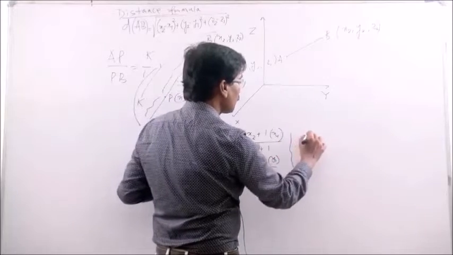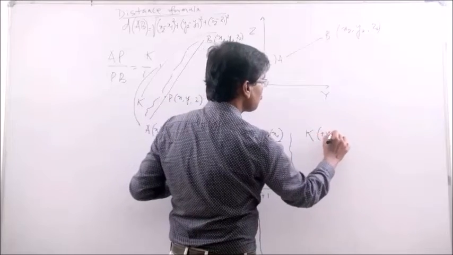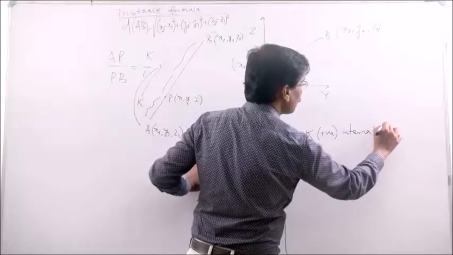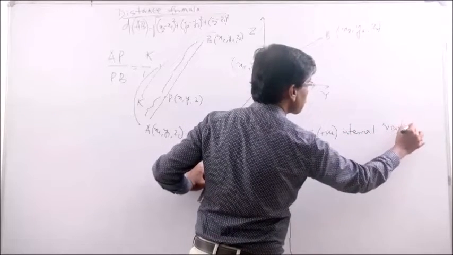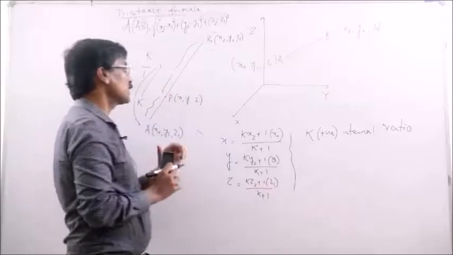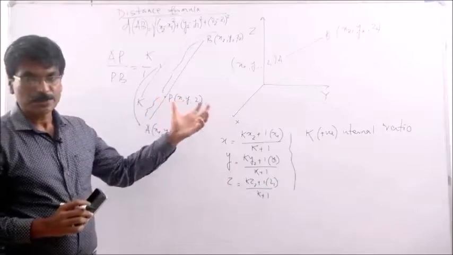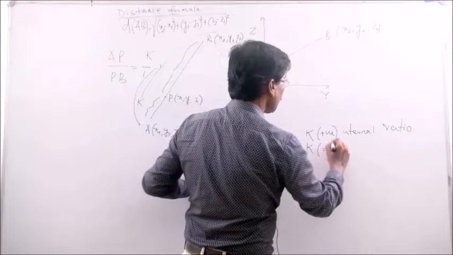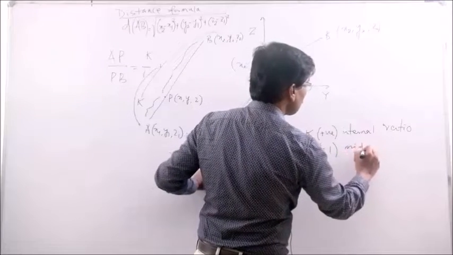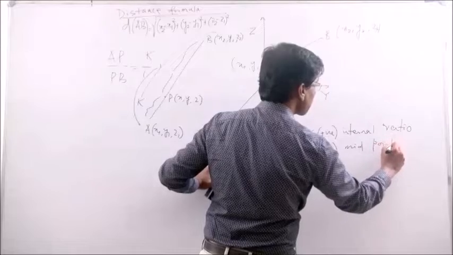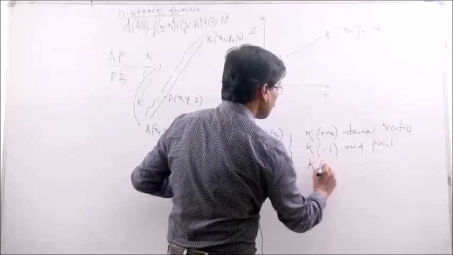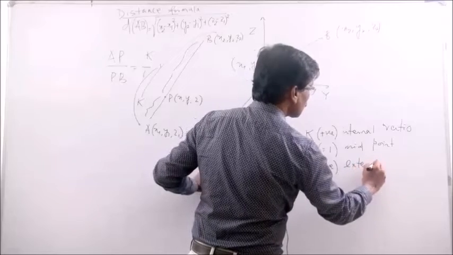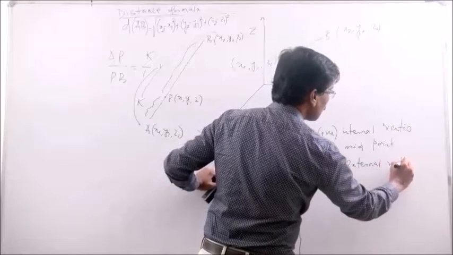Depending upon whether k is positive, that is internal ratio. Internal ratio is like P is an internal point. If k is equal to 1, that is the midpoint, and if k is negative, that is external ratio.